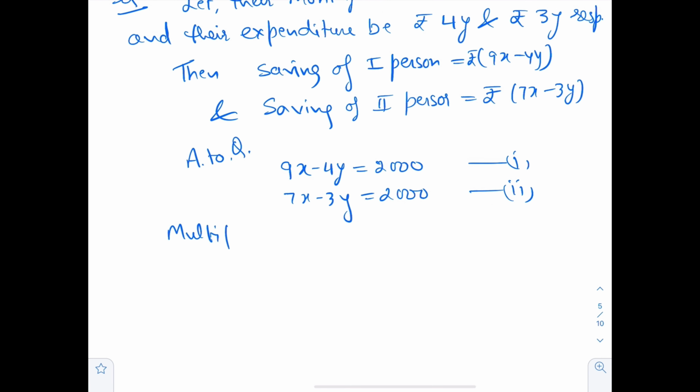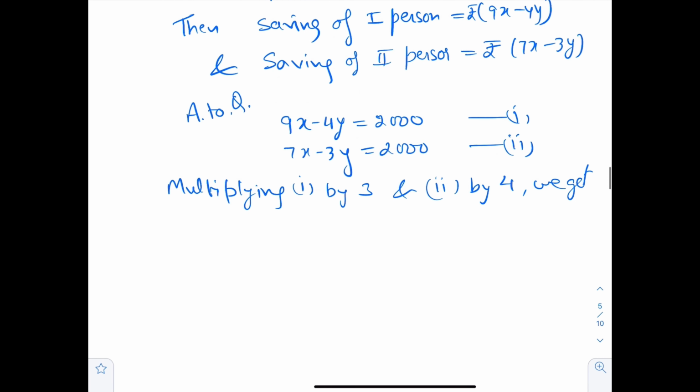Now multiplying equation number 1 by 3 and 2 by 4, we get 27x minus 12y equal to 6000.